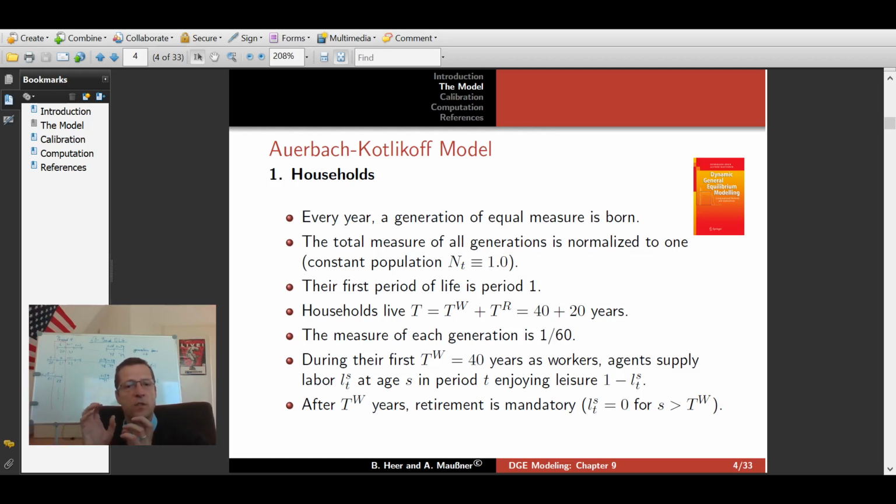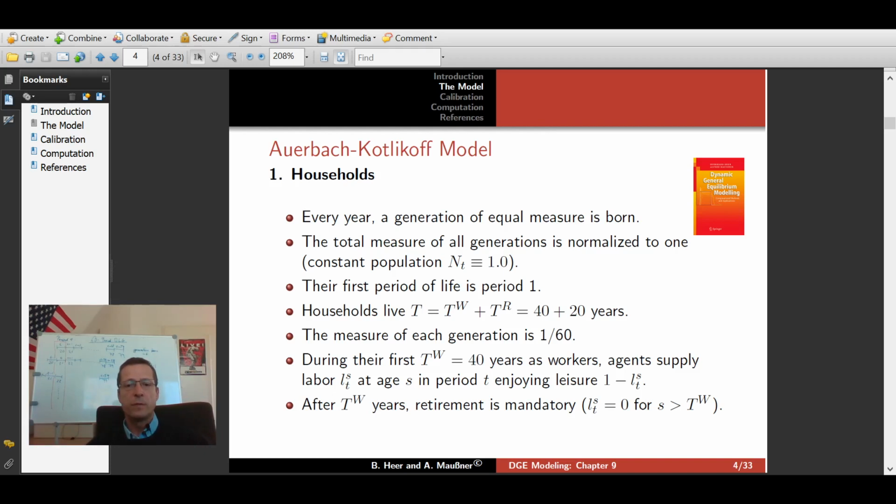And when the 79-year-old generation dies, 1/60 of people die, this measure is basically deleted, and the next generation of measure 1/60 pops up, the 20-year-olds. The first period of life, which in real life is age 20, we will give the index 1. So s will be our time index and our age index, and the newborn have age index 1. This makes it a little easier in our summation formulas.